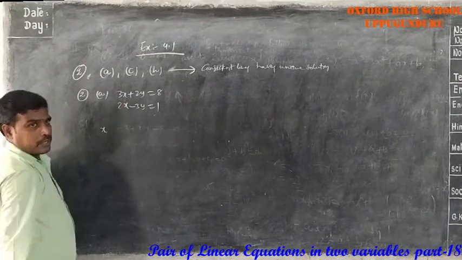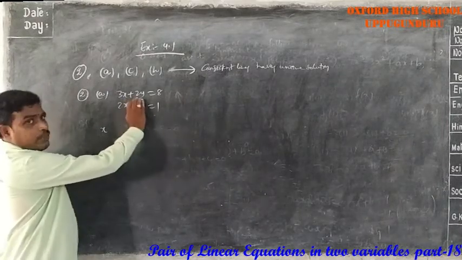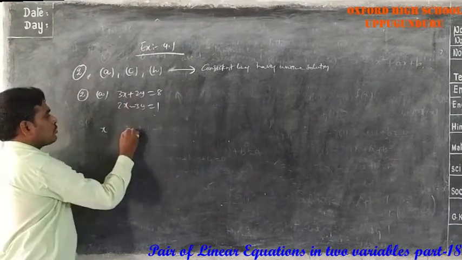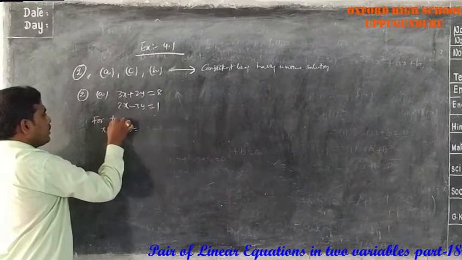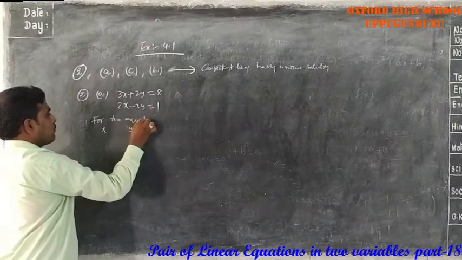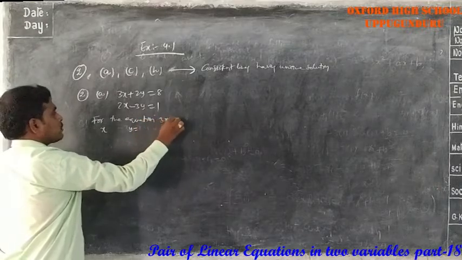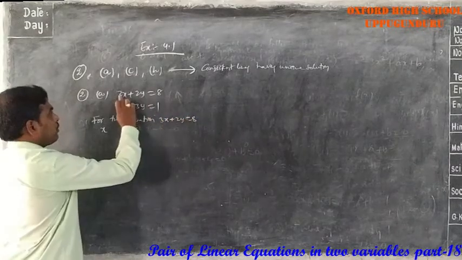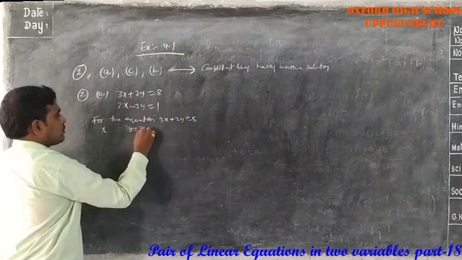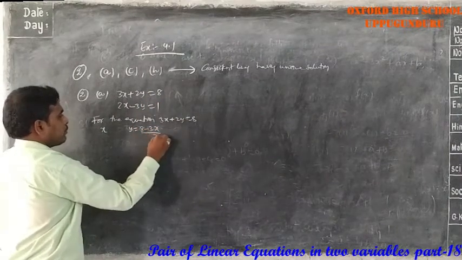For the first equation, I am taking x values. In this equation you have to make y the subject. So y equal to, for the equation 3x plus 2y equal to 8, transposing 3x to that side, y equal to 8 minus 3x by 2.